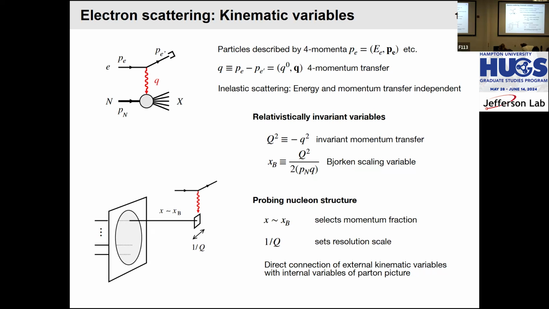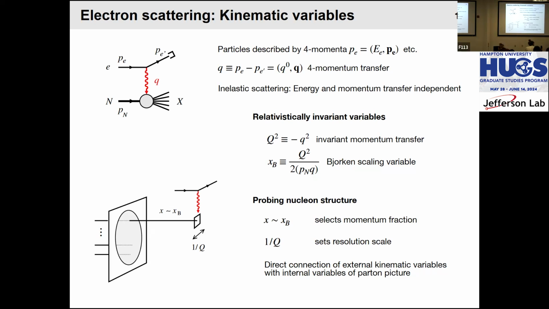The momentum transfer Q sets the resolution scale at which we probe the system. So essentially, we can think of this 1 over Q as a kind of spatial resolution with which we probe the structure of the system, or conversely, we can think of Q itself as a kind of cutoff on the transverse momenta that we allow in the system when we probe it.